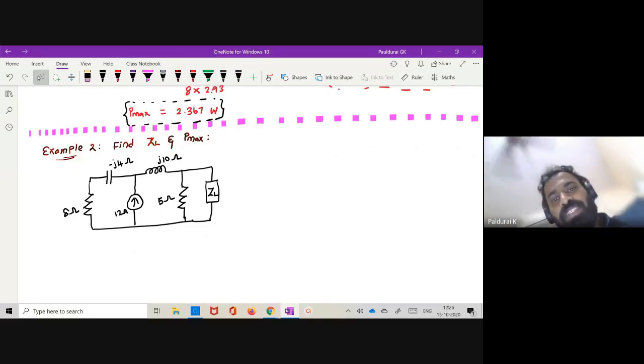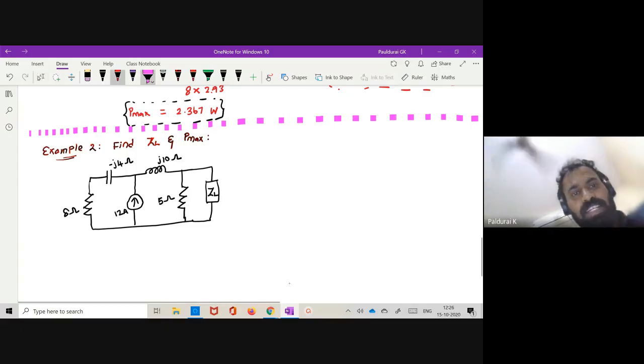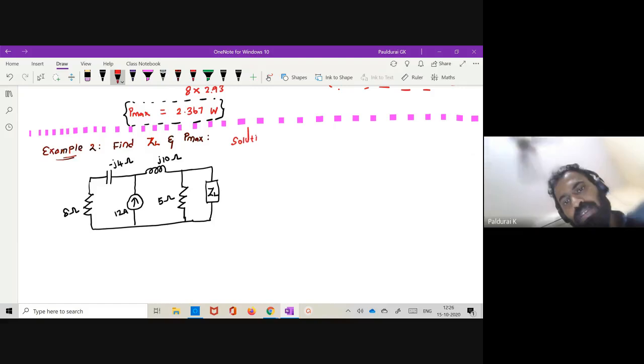So what's the very first step? You want to calculate ZL. But here, what is ZL? Anyone? So let me write the solution. You know ZL equals ZTH conjugate. So the very first step is to find ZTH.